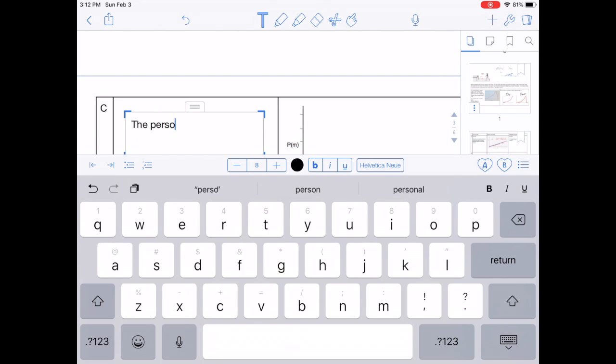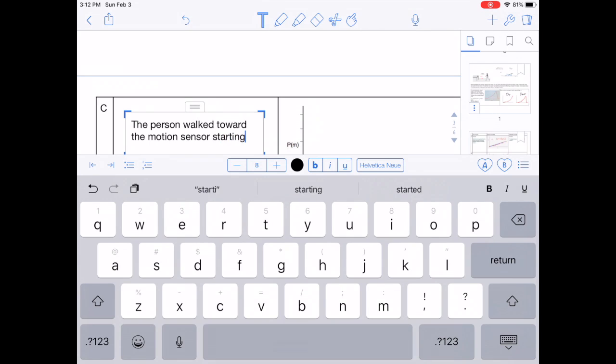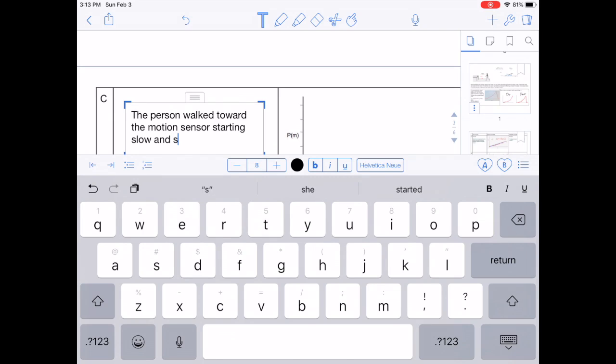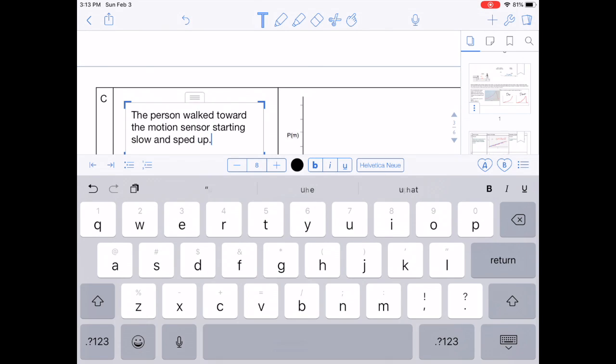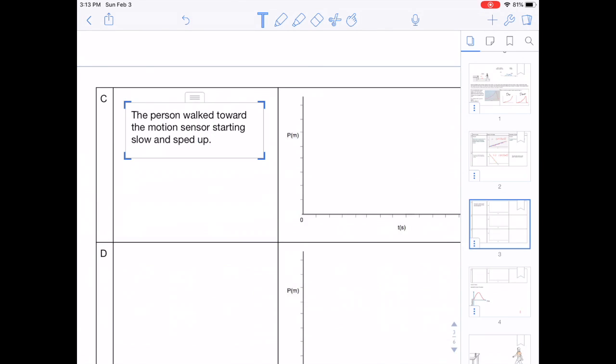The person walked toward the motion sensor, starting slow and speeding up. So we can kind of think what that graph might look like.